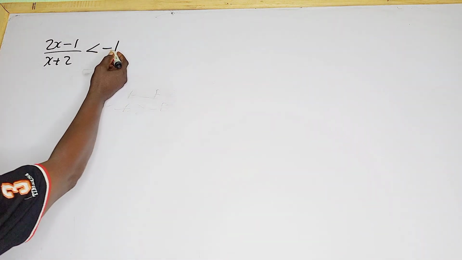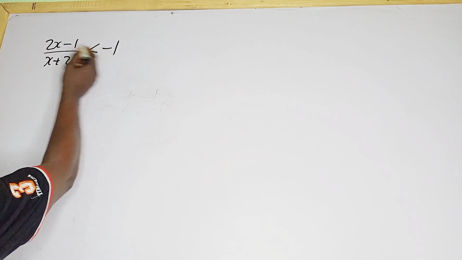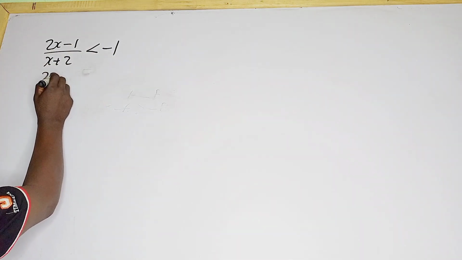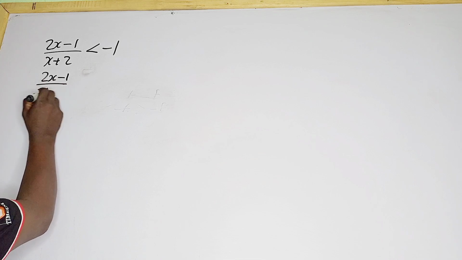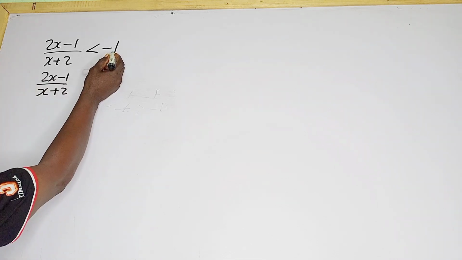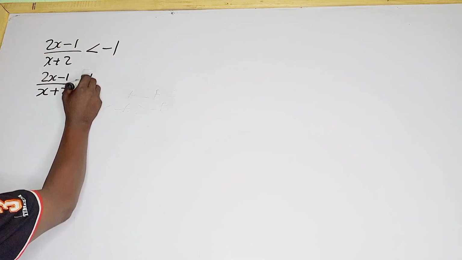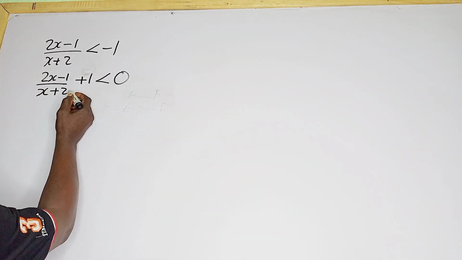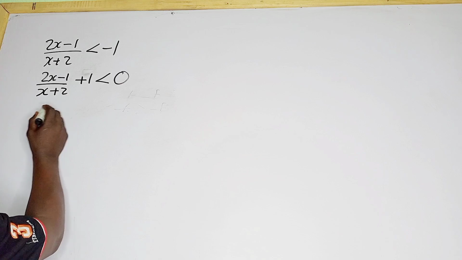We just have to take the negative 1 from the right hand side to the left hand side. So we have (2x - 1)/(x + 2), and this negative 1 coming this way becomes plus 1, less than 0. Let's put it under the same denominator.